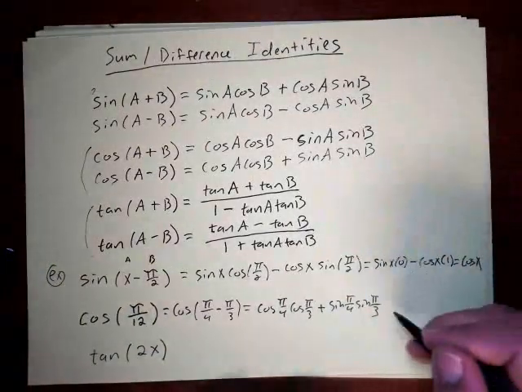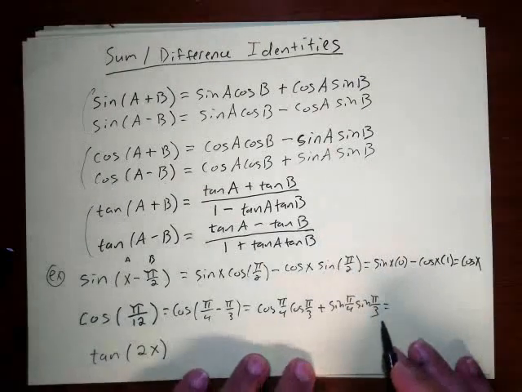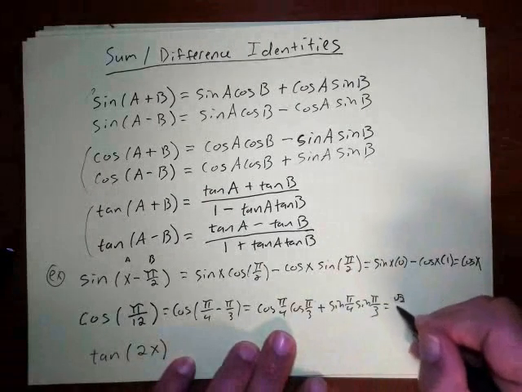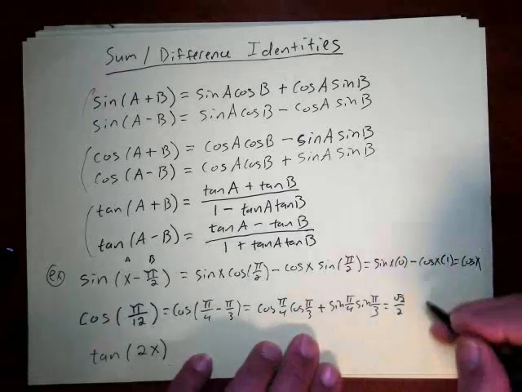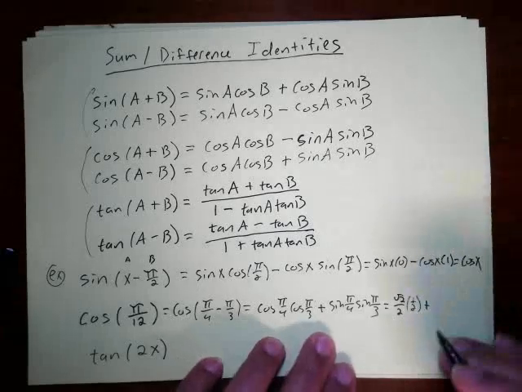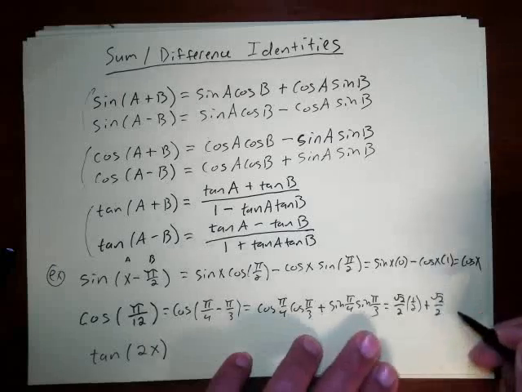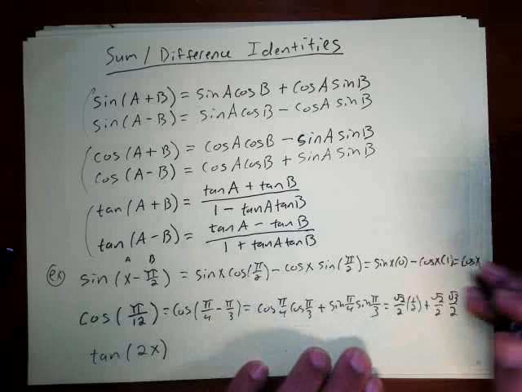Now I can actually put values in for each of these because those are special angles. So cosine of pi over 4 is just square root of 2 over 2. Cosine of pi over 3 is going to be 1/2. And this is plus. Sine of pi over 4 is square root of 2 over 2. And sine of pi over 3 is square root of 3 over 2.